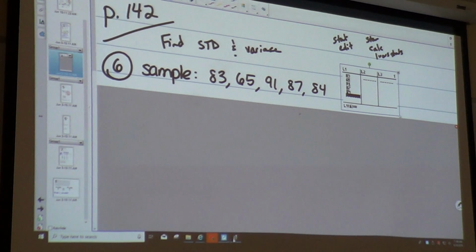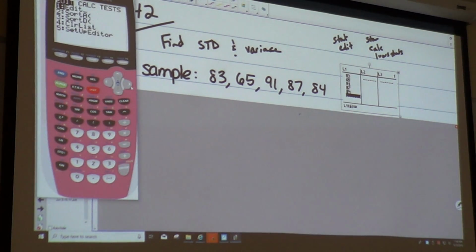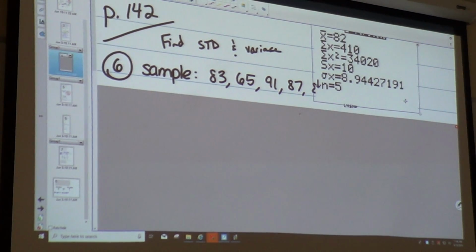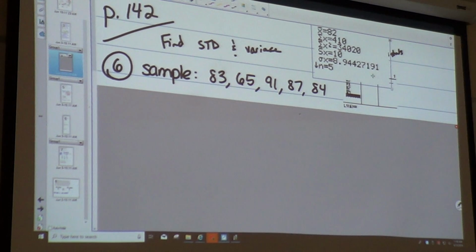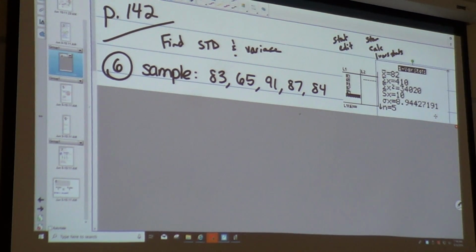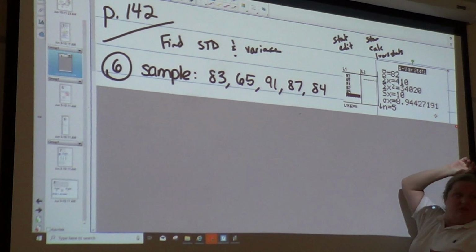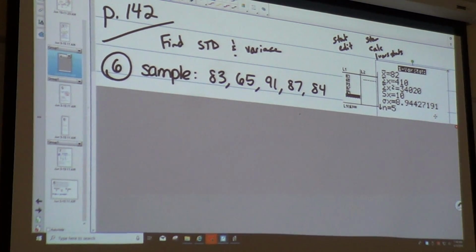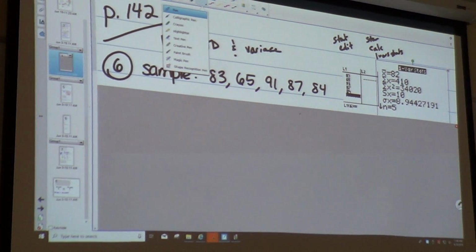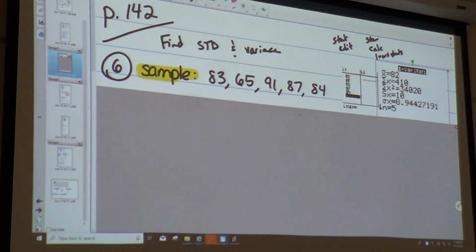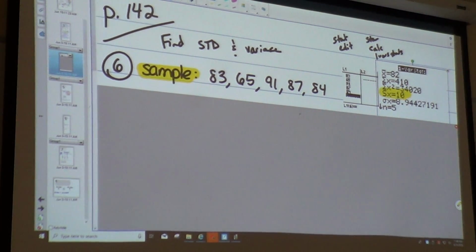And then I'm going to do stat calc, 1-Var Stats. Now, all I'm asking for in this problem is the standard deviation and the variance. So before I have a choice of standard deviation, I need to know, is it a sample or is it a population? Sample. It is a sample. So because they told me that it is a sample, I'm going to choose that one.